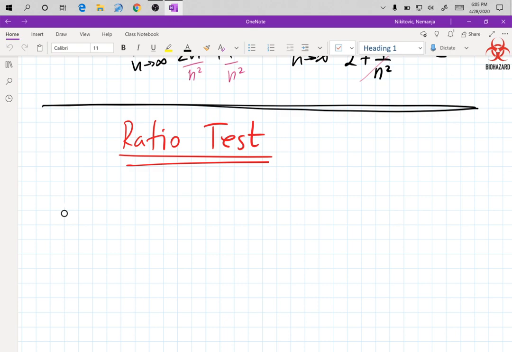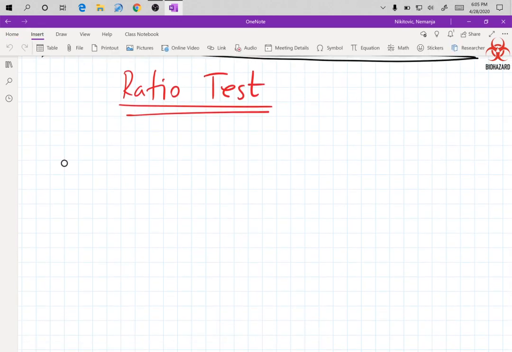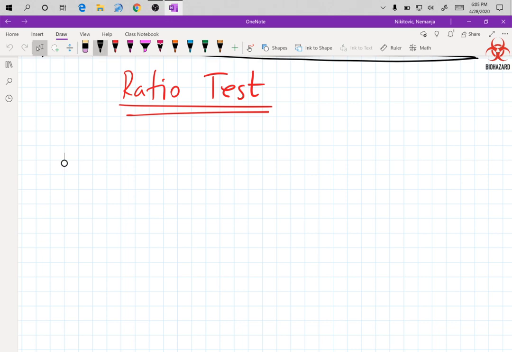It is another one of those unique tests where you can pretty much always tell when you have to use the ratio test, because it is used for series which will have different types of functions involved. In my opinion, it's very easy to spot when you are supposed to use one of these, but let's test and see what is going on here.